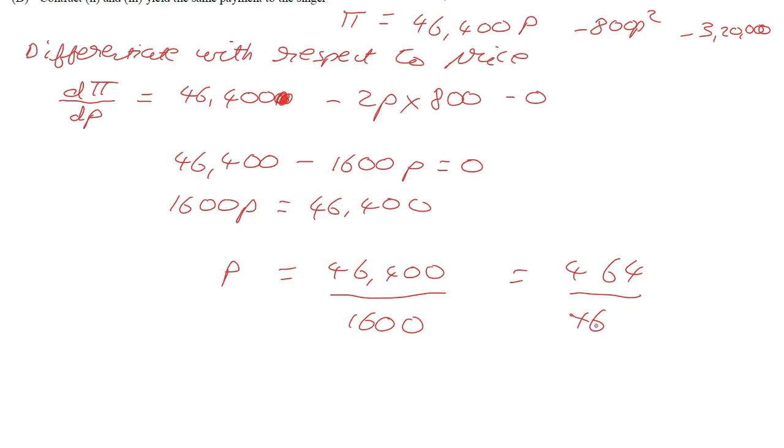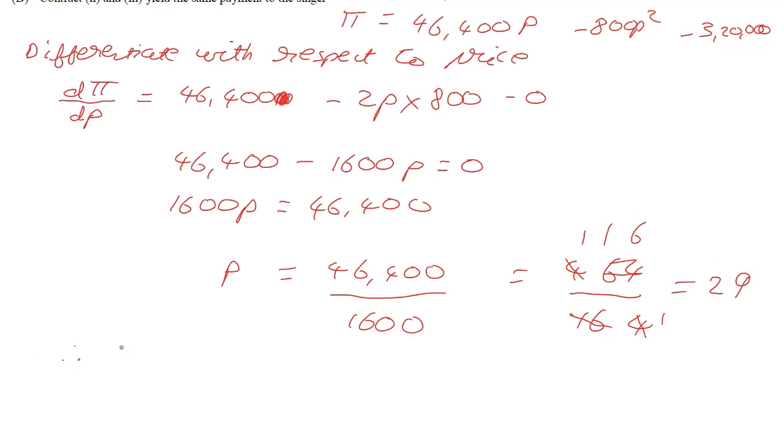Dividing by 4, 100 upon 4 is 25 and 16 upon 4 is 4, so we should get 29 as our price.